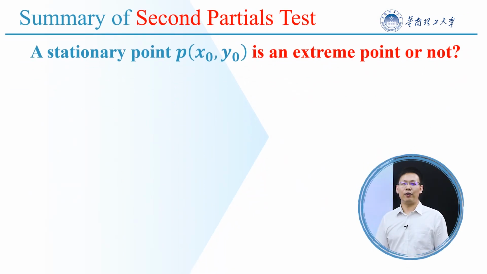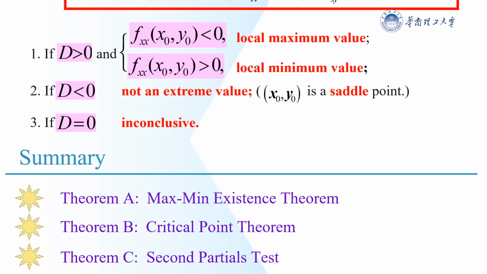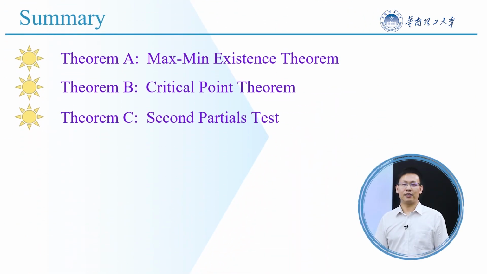Now, we give a summary of the second partial test. For the stationary point P(x0, y0) of a bivariate function f(x, y), we can judge whether f(P) is an extreme value by the following second partials. Now, let's make a summary of this section.